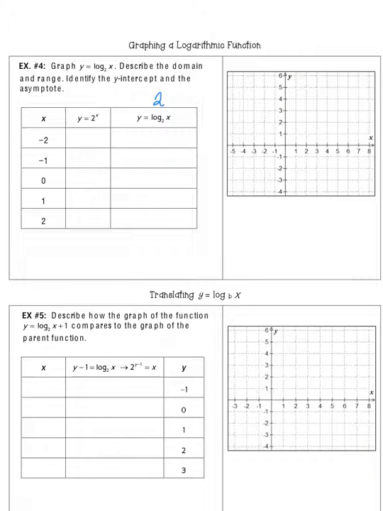So 2 to the y is going to equal x, and I'm going to put my y on this other side. Oops, I didn't even switch them. My bad. This is what happens when I'm not paying attention to what I'm doing. Let's try that again. Let me switch it. So I'm going to switch it so that the y is here, but my x is here. I'm so used to having my y on the other side.